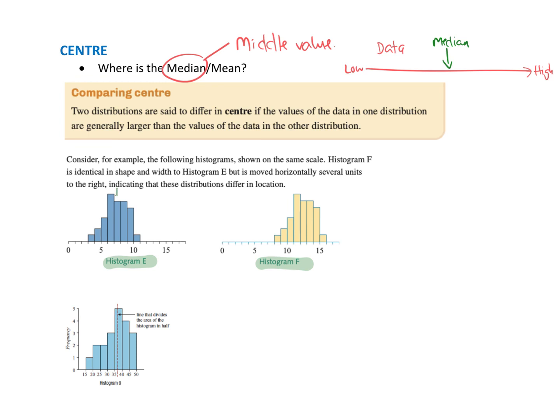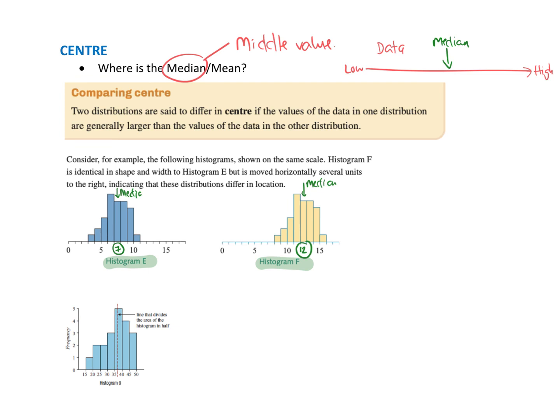So here, the median's probably here, the center. If you look down, it's roughly a 7. But if you look at F, see how the shape of this histogram is the same, but its center, its median, is higher. It's roughly about 11 or 12. Okay, so we can compare.